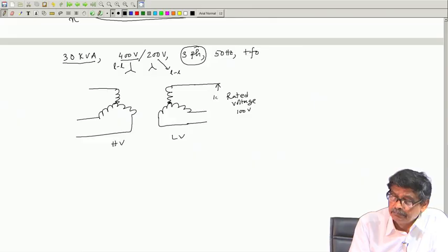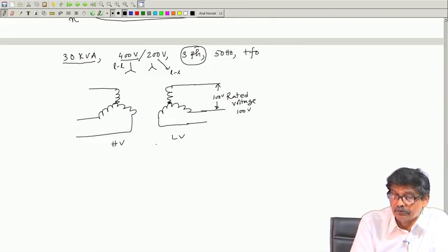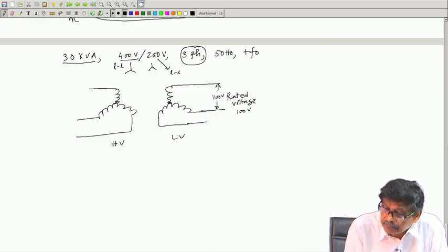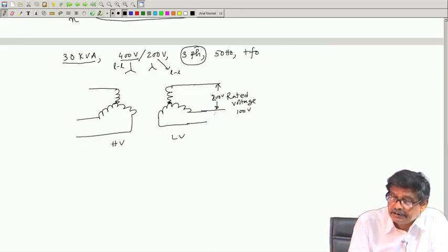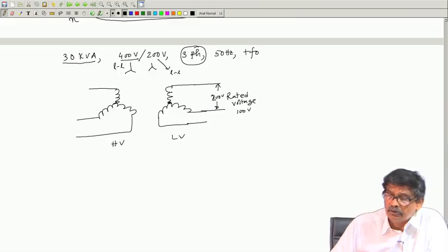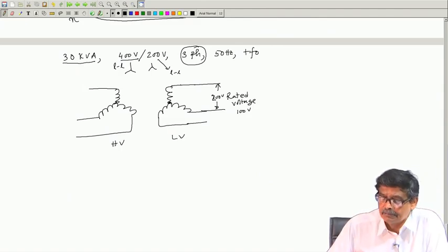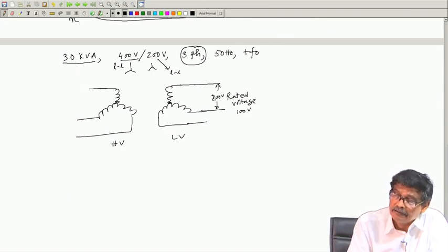Where should it be applied? Between line to lines. See, that is what I am telling, this is line to line voltage. This 200 volt never tells you that the LV side voltage rating is 200 volt; 200 by root 3 is the rated phase voltage of the LV side, but anyway, 200 volt you apply.